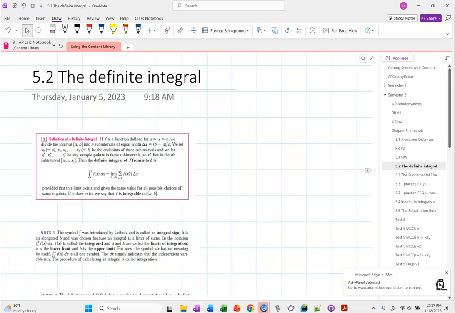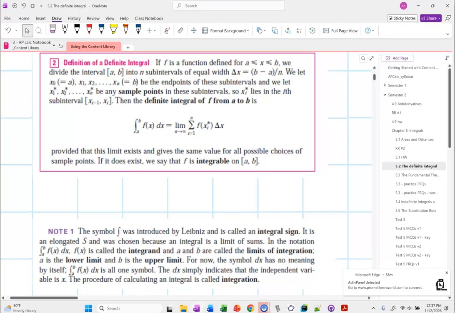So in section 5.1, we talked about calculating the area under the curve by looking at the limit of the area of these infinitely many rectangles all added up, right? But we're going to give that limit a name. So this limit, as n goes to infinity, of the sum from 1 to n of f of xi star delta x.